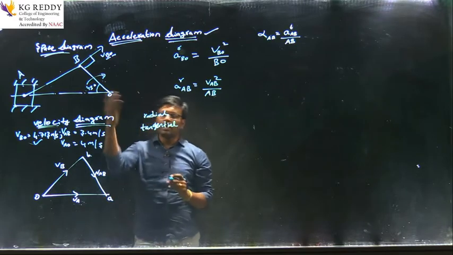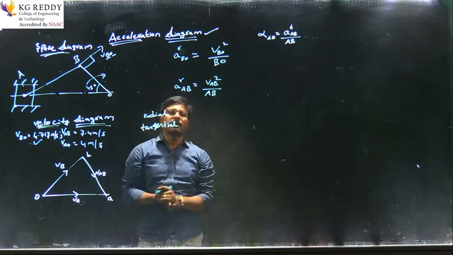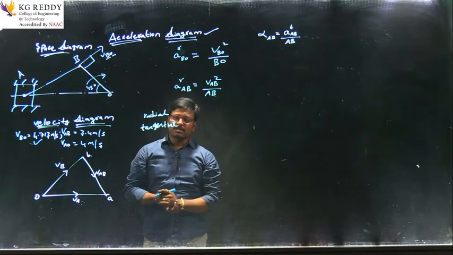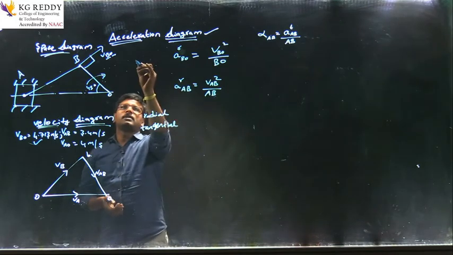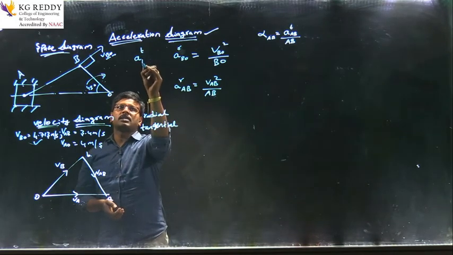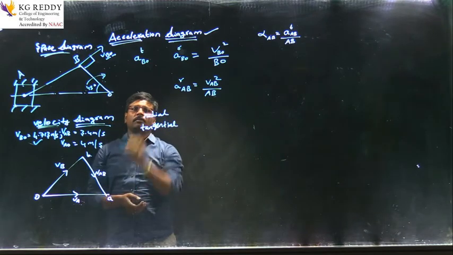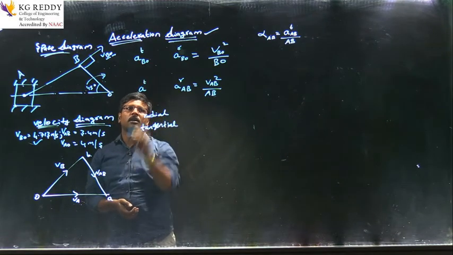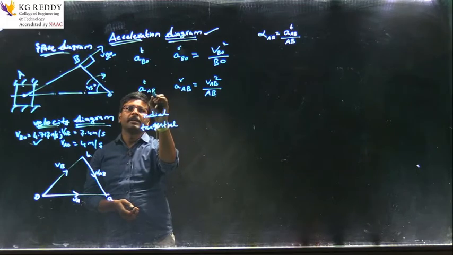So for every link we have two components, radial and tangential. Here we have the tangential component of BO, and the tangential component of AB.